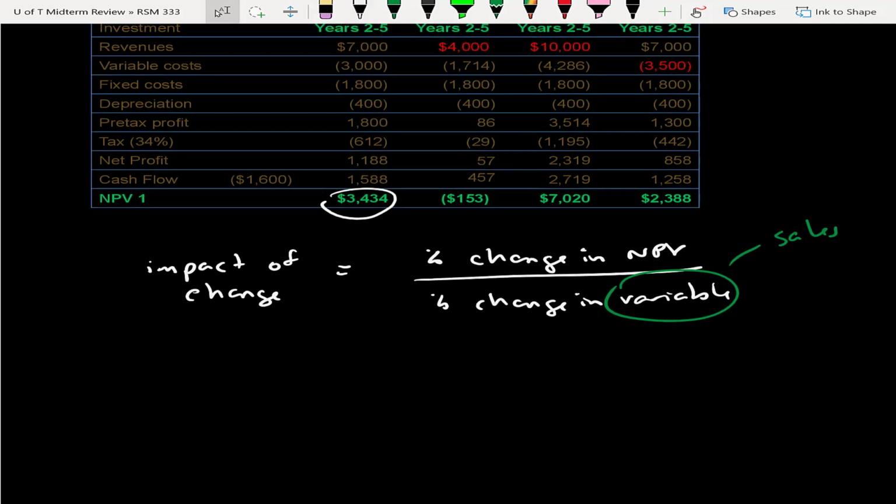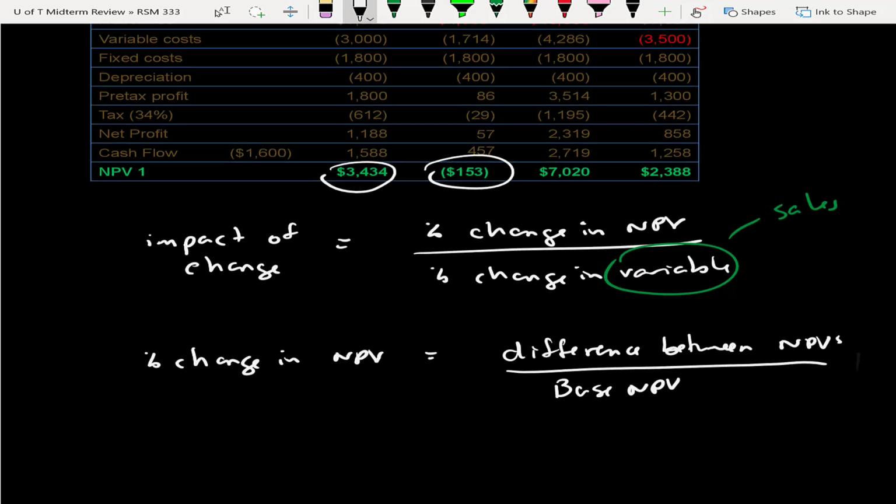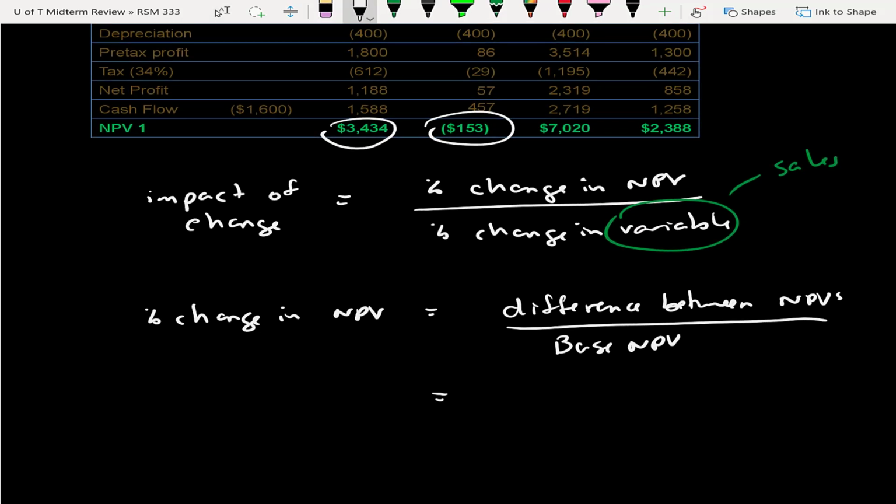So let's do the first thing. What's the percentage change in NPV? So it will be the difference between the NPVs divided by the base NPV. Okay, so we have two different NPVs.